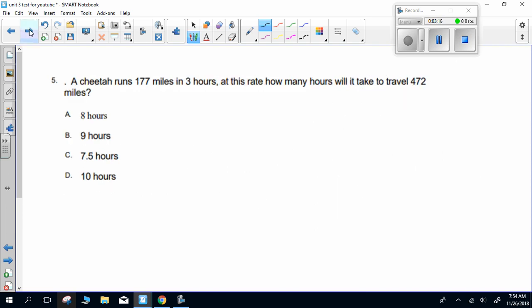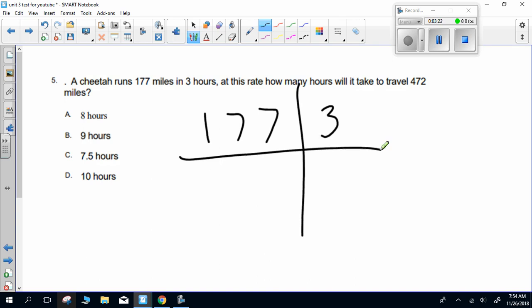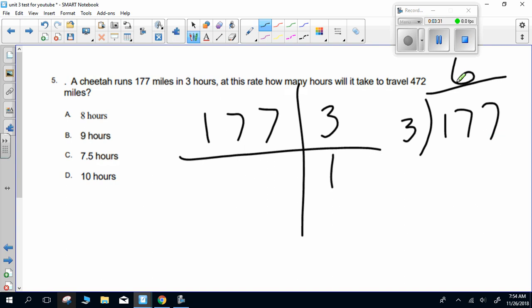Next one, a cheetah runs 177 miles in 3 hours. At this rate, how long will it take him to run 472 miles? So I'm going to go down to 1, 3 into 177 goes 5, which will give me 15. And then that gives me 9.